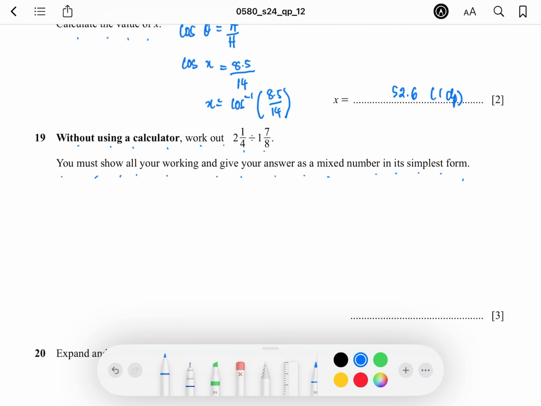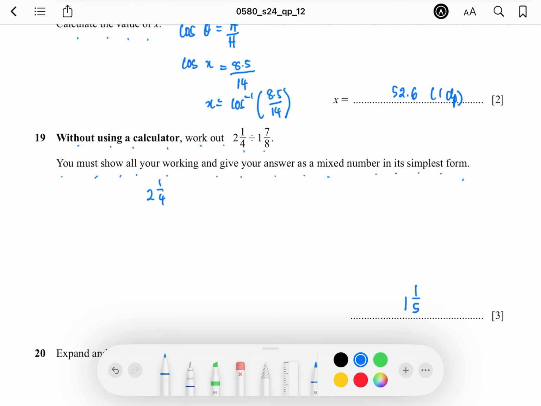If you use a calculator, your answer in mixed number, you should get 1 1/5. However, if you use a calculator with no working written down, no marks will be given. So you may use your calculator to check your final answer, but you still need to write down your working.